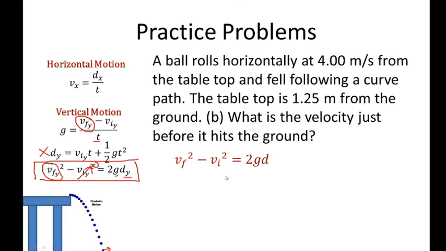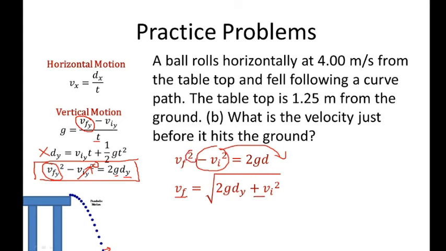This is the original equation. Without the y's, just think of this one as the final velocity in the y. We transpose this term to the other side, so that becomes plus. And since there is a square here, we get the square root of the equation.